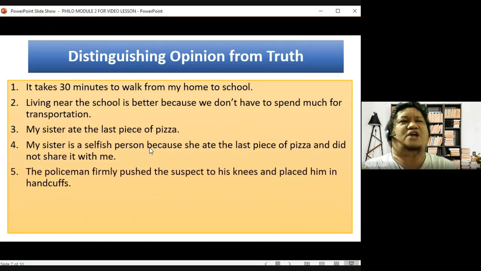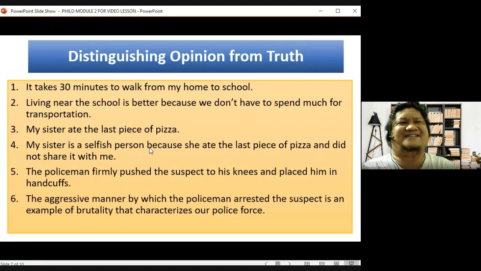Five, the policeman firmly pushed the suspect to his knees and placed him in handcuffs. Six, the aggressive manner by which the policeman arrested the suspect is an example of brutality that characterizes our police officers.